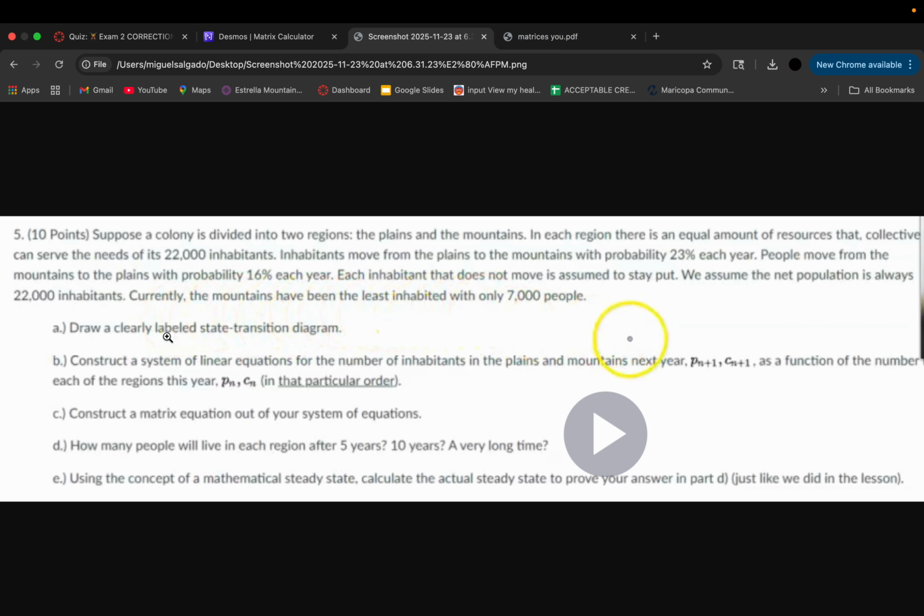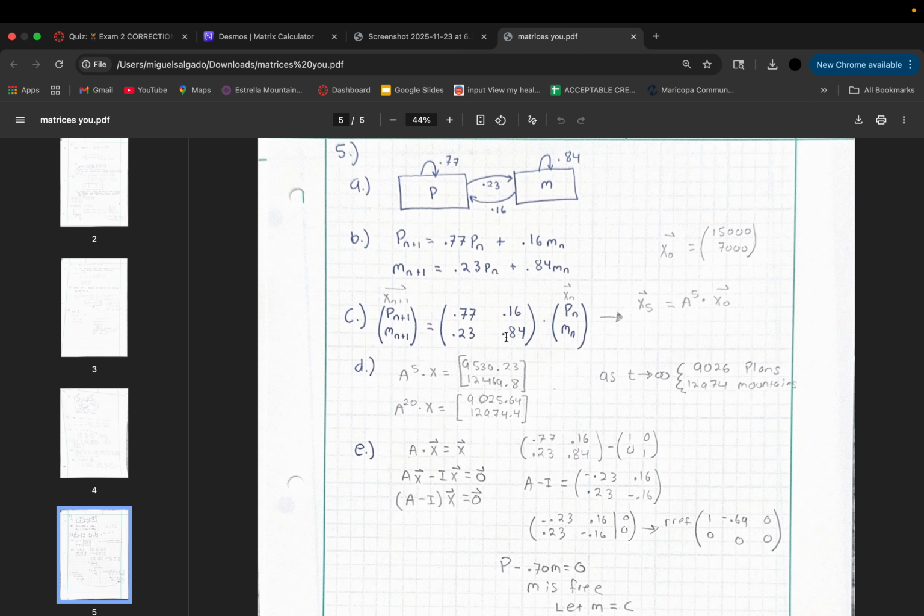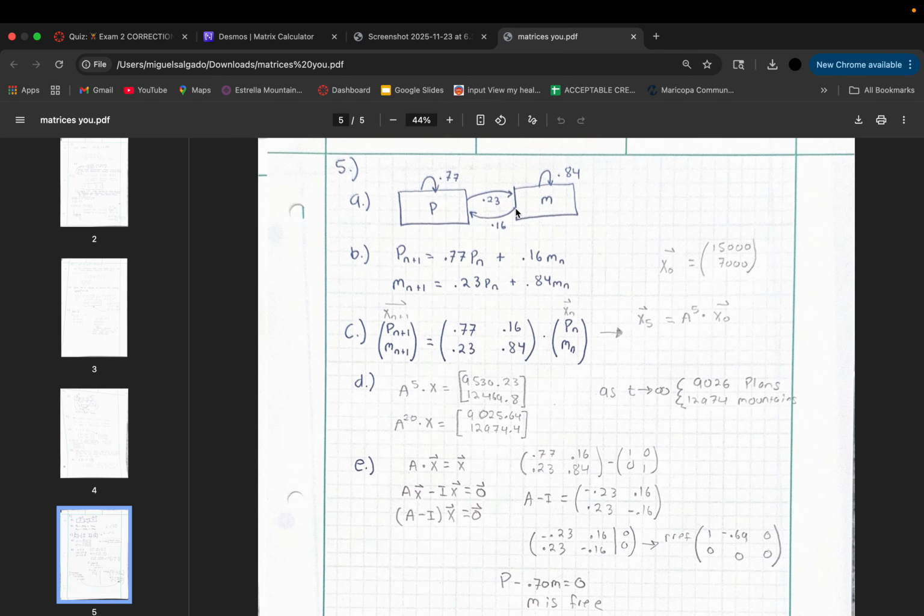But for question 1, we see draw a clearly labeled state diagram. If we head on over here, I've already done the math, but I wanted to go over it step by step.